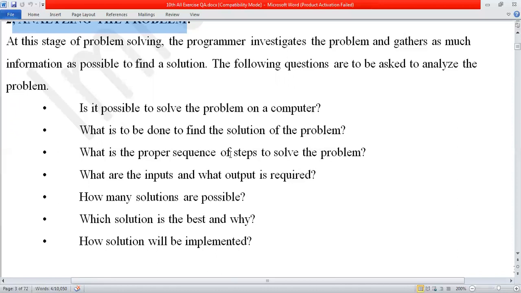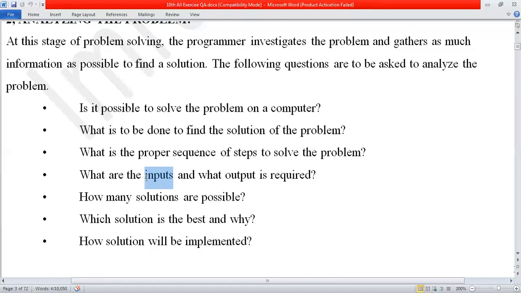What is the proper sequence of steps to solve the problem? Proper sequence of steps means the algorithm, which we discussed in the previous lecture. What are the sequence of the steps? What are the inputs and what outputs are required? Input means what kind of inputs? How much personnel you require to computerize that program?